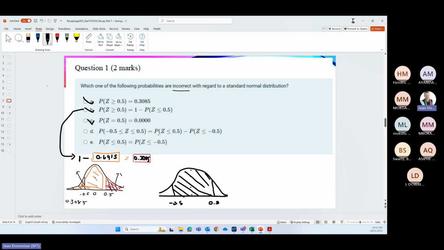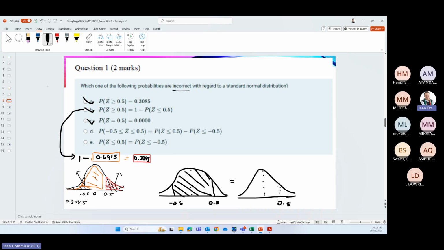So is that equal to, let's see. Okay, let's just quickly do this better. Z smaller than 0.5.